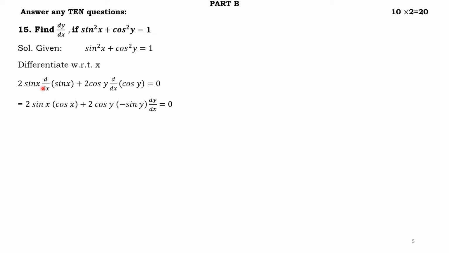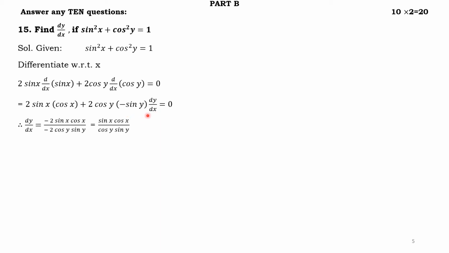Therefore, that becomes 2 into sin x, d by dx of sin x is cos x, plus 2 cos y into d by dx of cos y, which is minus sin y into dy by dx. That is the dy by dx of the function inside. Please note this step very carefully. Lastly, it is appearing dy by dx equal to 0.